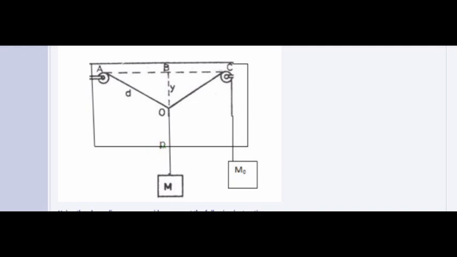Meanwhile, the other part of the thread will be extended through the pulley C and down, connected to mass M naught, of which the mass is going to be constant, and you are going to keep it in that position throughout the experiment. You are going to vary the mass big M according to that diagram.